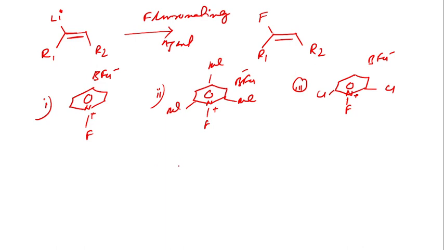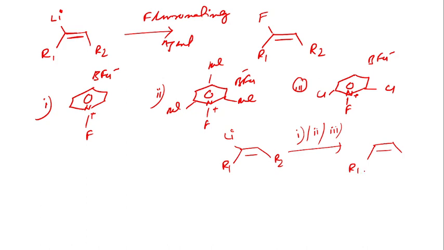So if the reaction is asked this way, with the lithiated salt R1, R2, you apply either 1 or 2 or 3, and you will have the fluoro derivative R1, R2, F.